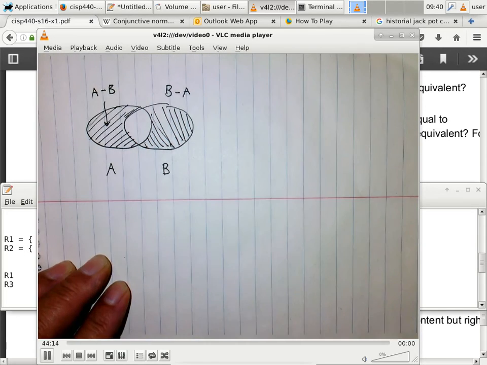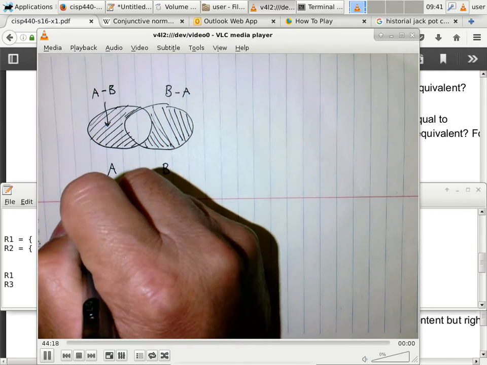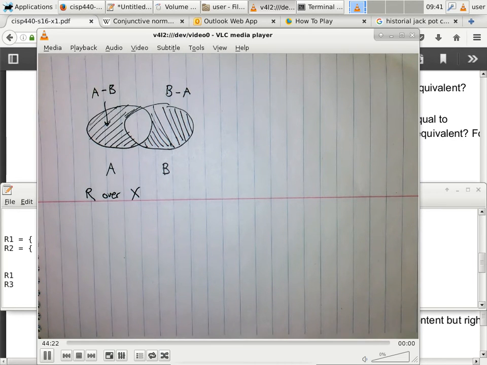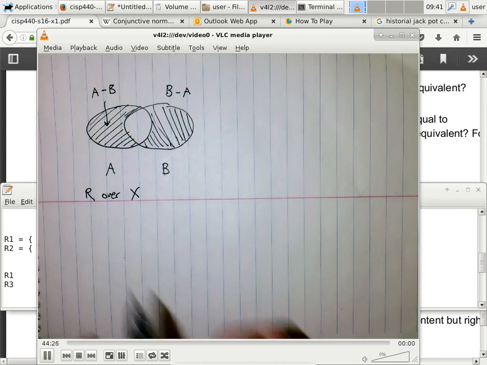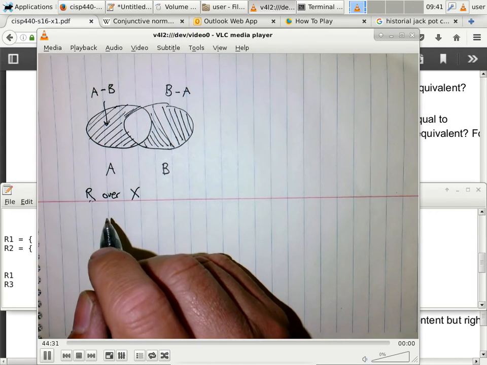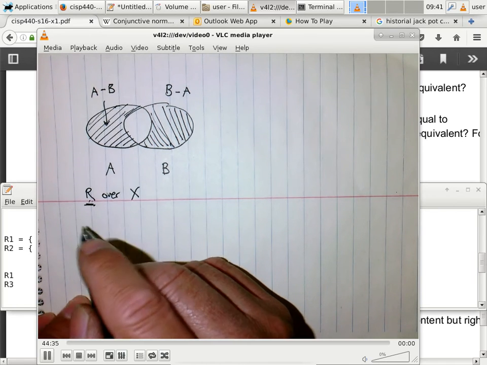Being transitive means this expression has to be true. So we are talking about a relation R over a particular set X. I'm not even talking about integers, less than, greater than, or anything like that. We're just talking about a relation R over X. In order for this R to be transitive, the following statement has to be true.